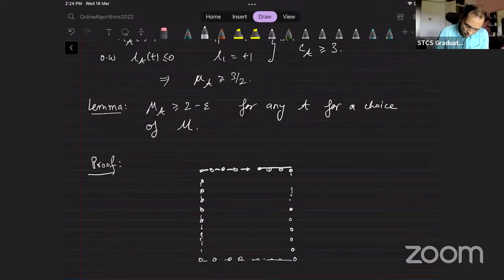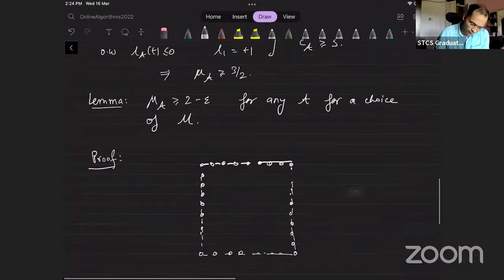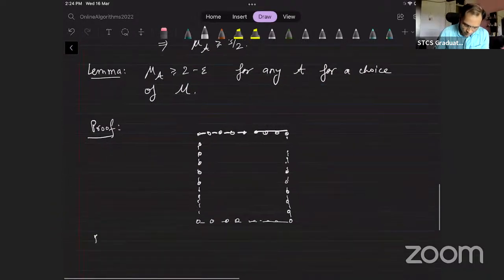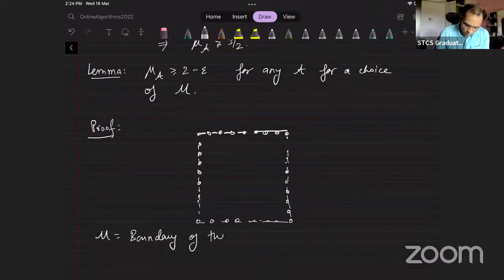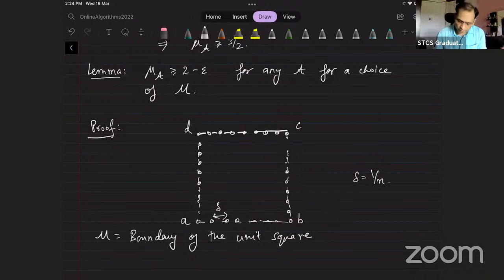Only the boundary. The inside is not contained. So bound M, just the boundary of the unit square. And let's say A, B, C, D, and this distance, let it be some delta. Essentially, delta will be 1 by n, where we will choose n later.